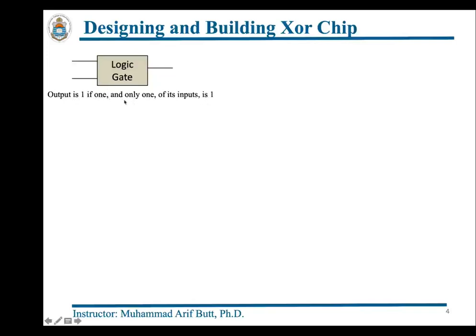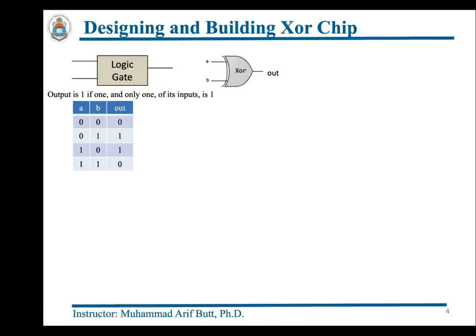This is in case of a two input XOR chip, and if we have a multi input XOR chip, the behavior will be that it is an odd function. Well, this behavior is shown in this truth table. You can see over here and over here the output is 1 because an odd number of inputs are 1.